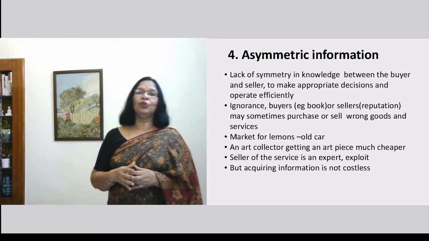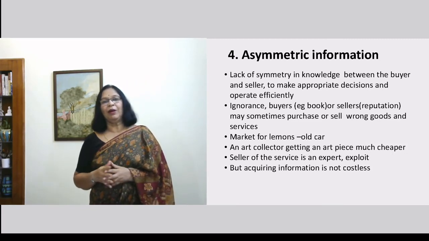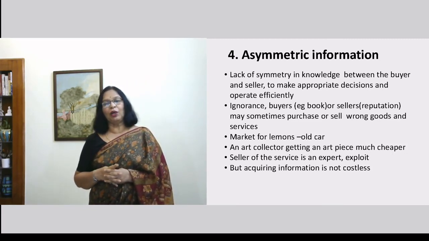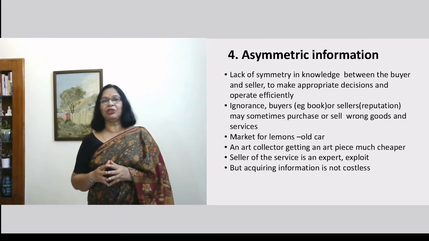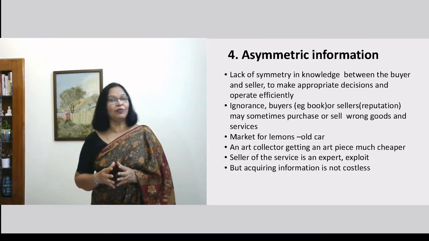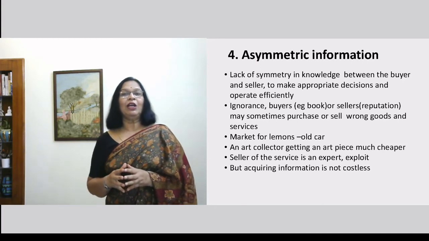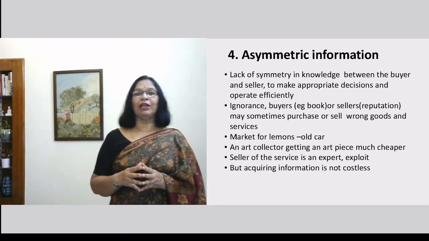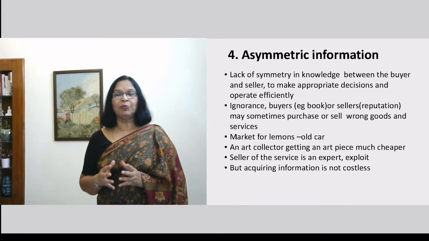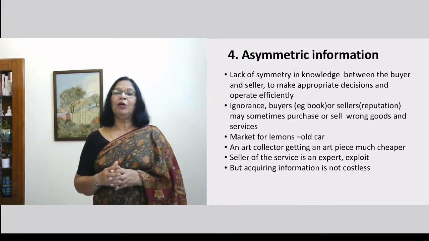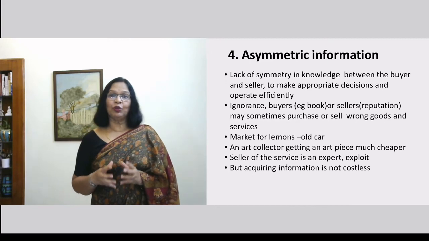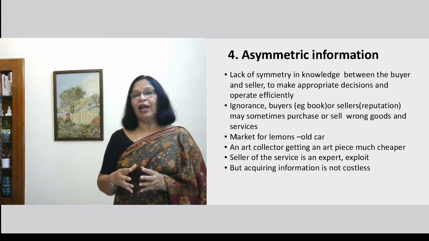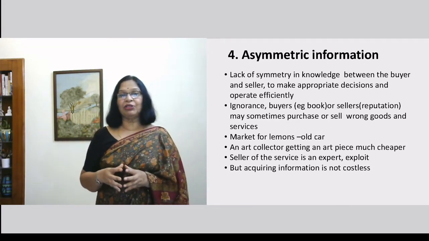There is another condition which makes the market mechanism not work well, known as the situation of asymmetric information. Remember, when we were discussing the perfect market, one of its features was perfect knowledge between the buyer and the seller about the price and quantity in the market. This does not happen in real life, and there is a lack of symmetry in knowledge.